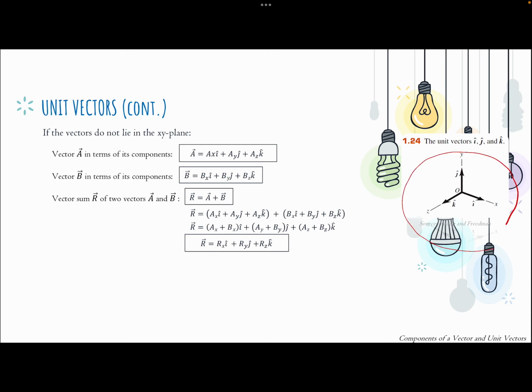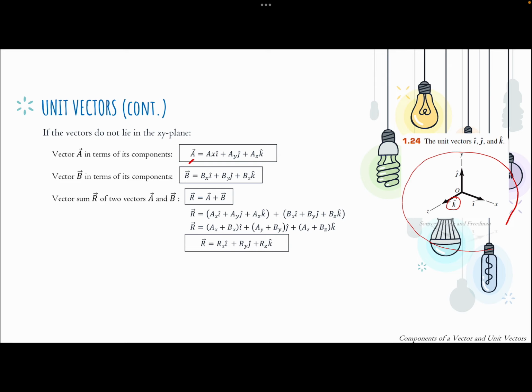So we use the symbol k hat to represent the unit vector pointing in the positive z direction. And so, vector A now, in terms of its components, will become vector A is equal to ax i hat plus ay j hat plus az k hat.